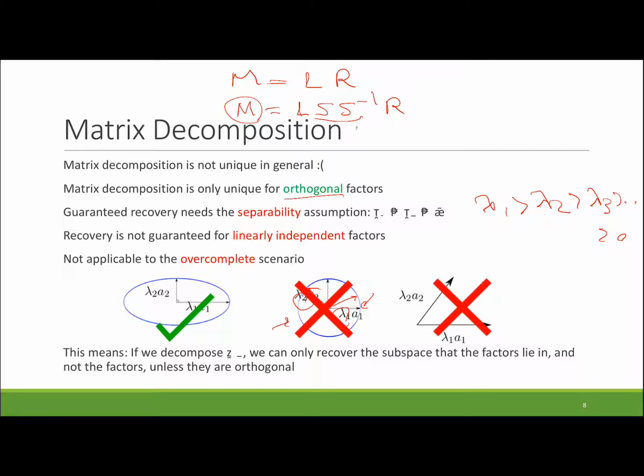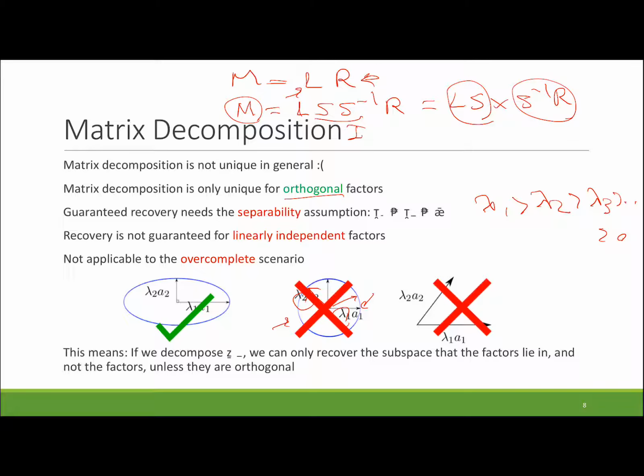And this is going to be I, and the new factorization is now L S times S inverse R, right? So we are not really guaranteed to recover the exact same L and R. We can recover any rotation of the original L and R. So that's why we cannot use matrix factorization.